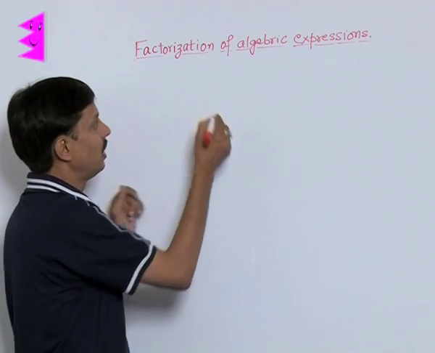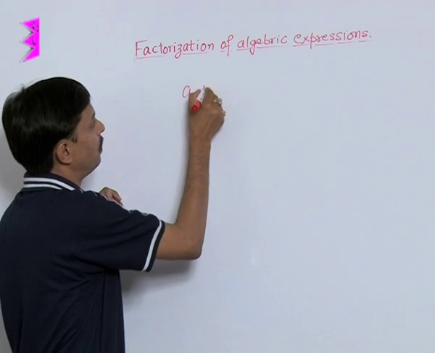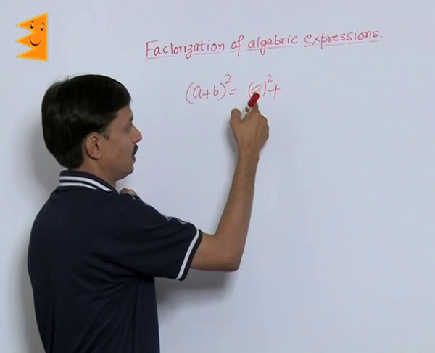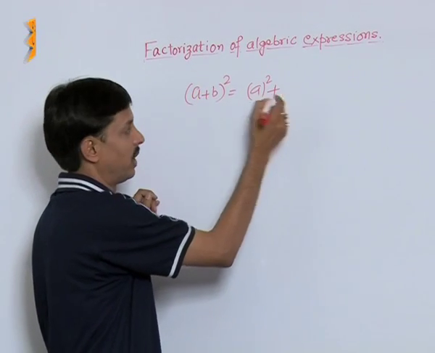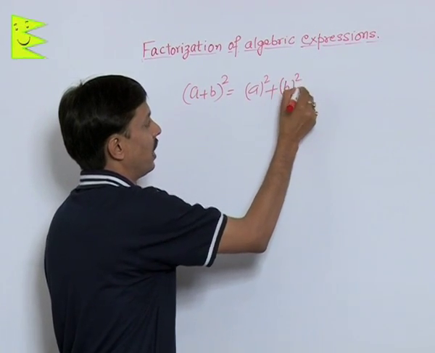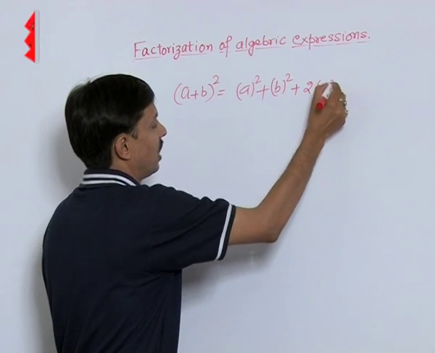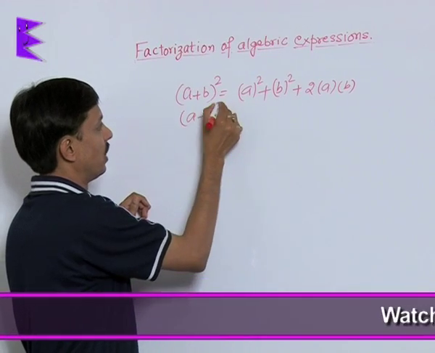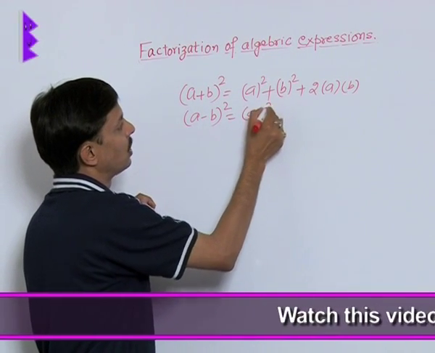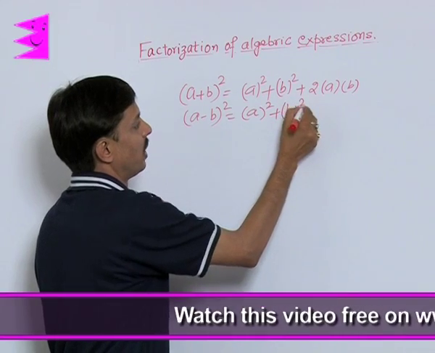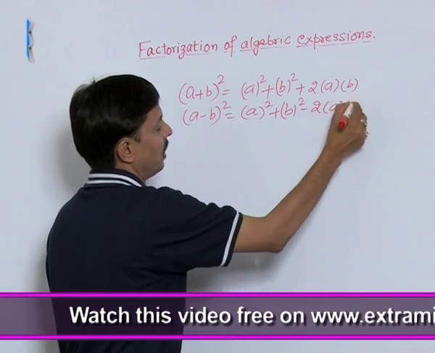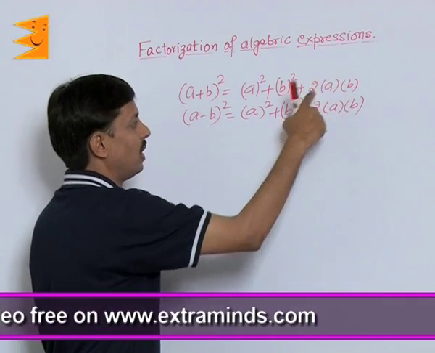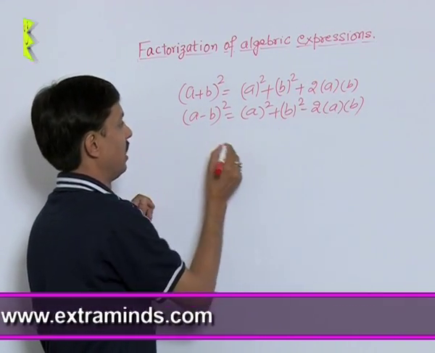I am writing here, (a + b) whole square is equal to a square, that is first term whole square, plus b square plus twice of first into second. (a - b) whole square is equal to a square plus b square minus twice of a into b. The difference is only here where 2ab plus and 2ab minus.